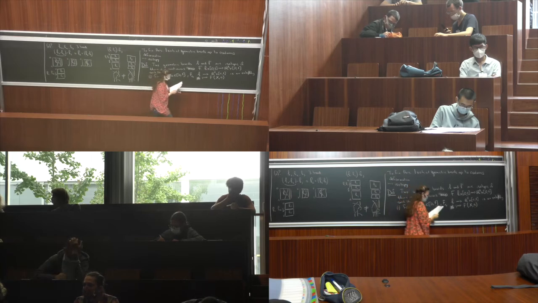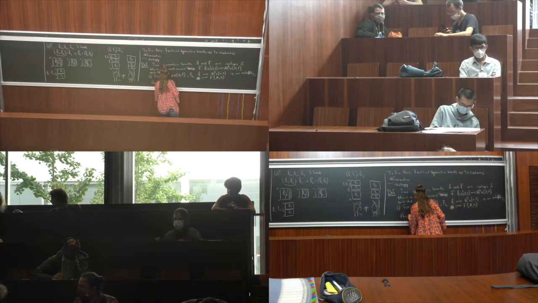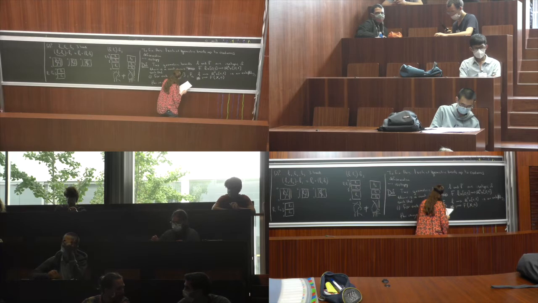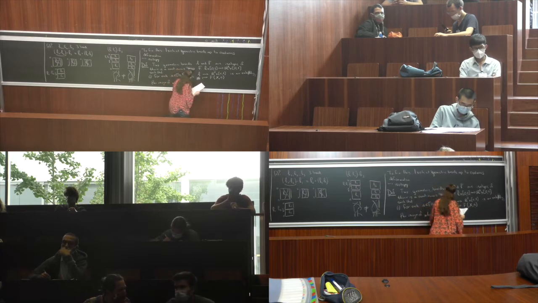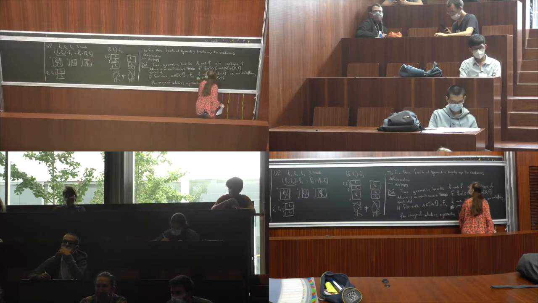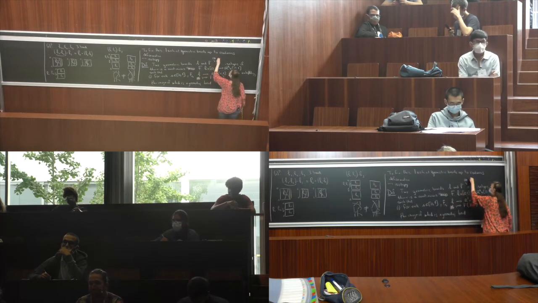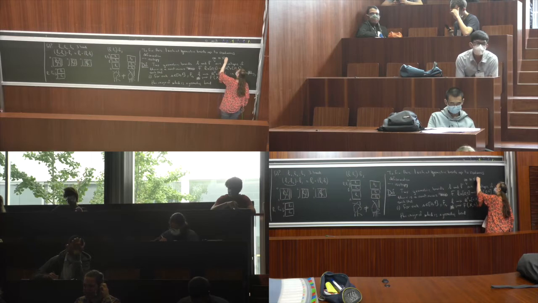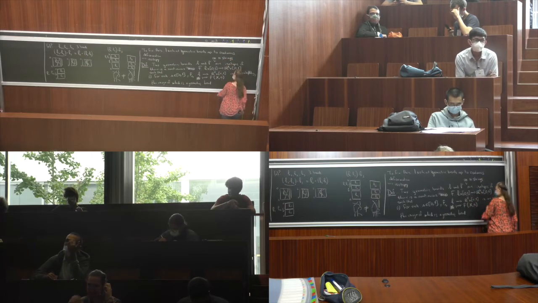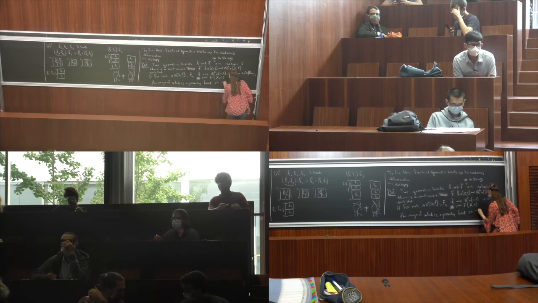Is an embedding the image of which is a geometric braid. So I want two geometric braids B and B prime on n strings. So I keep the same numbers. And this is a geometric braid on n strings.